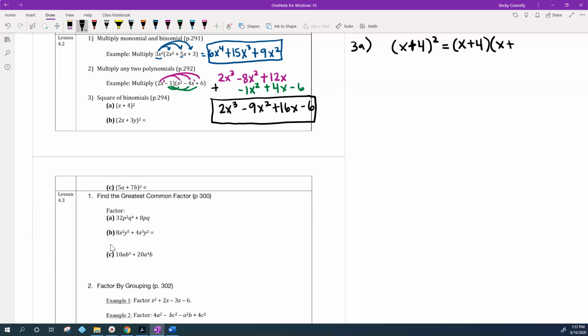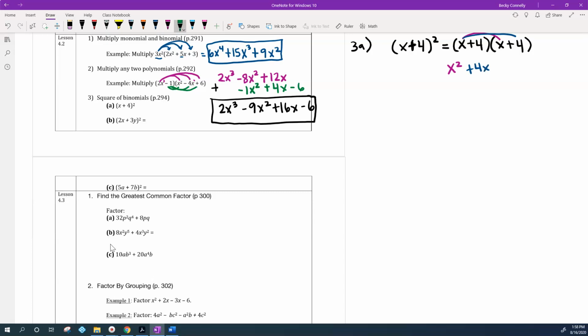times x plus 4. And then I'm going to just FOIL these together, right? Remember that FOIL stands for first, outside, inside, last. But really what you're doing here is you're just distributing, right? So x times x is going to give me x squared. And then if I have x times 4, that will give me positive 4x.